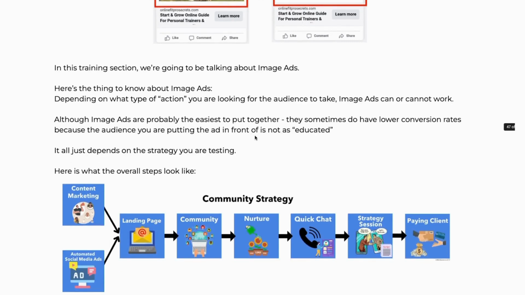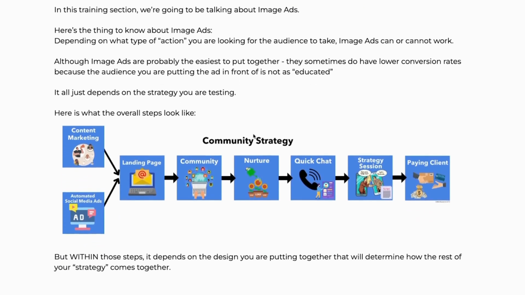Although image ads are probably easier to put together, if not the easiest, since there's not obviously a video you have to create and edit, they can sometimes, keyword there, sometimes have a lower conversion rate because the audience that you're putting that image ad in front of may not be as educated. But again, this depends on the length of your copy as well when it comes to the Facebook ad. It just depends on the strategy that you are testing.